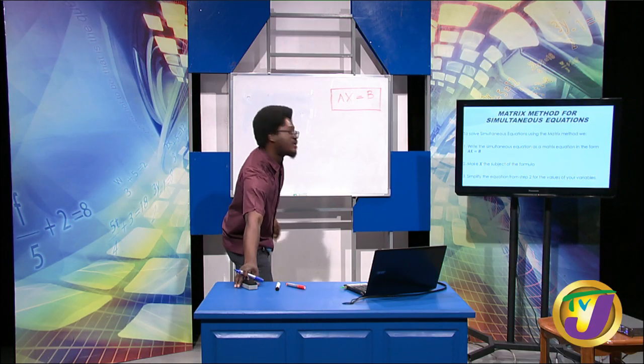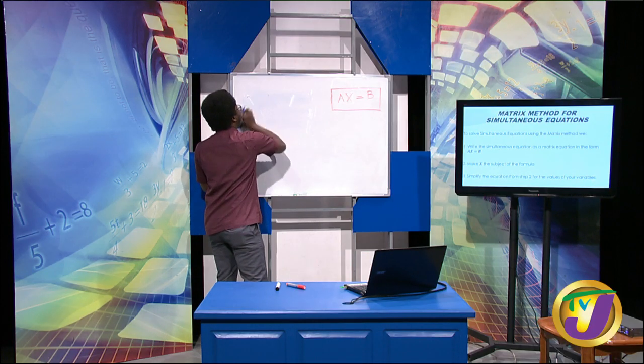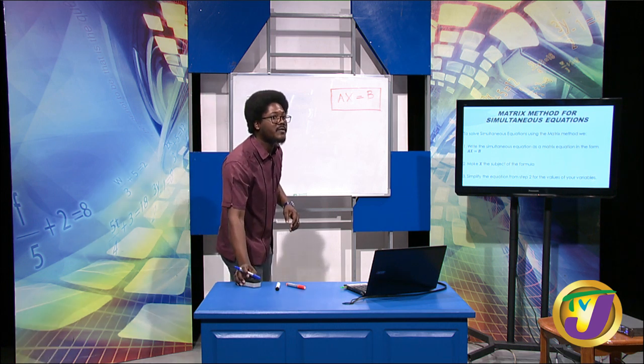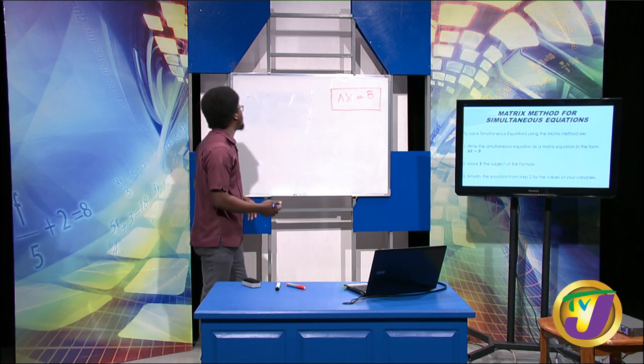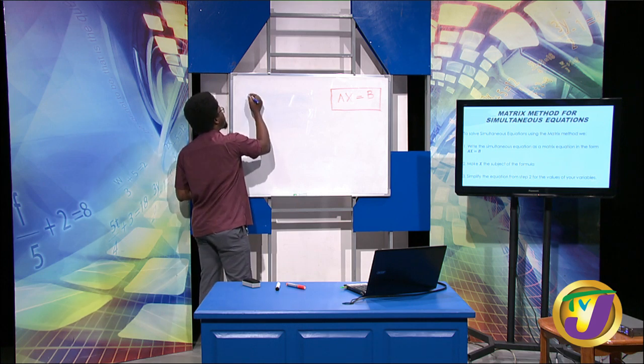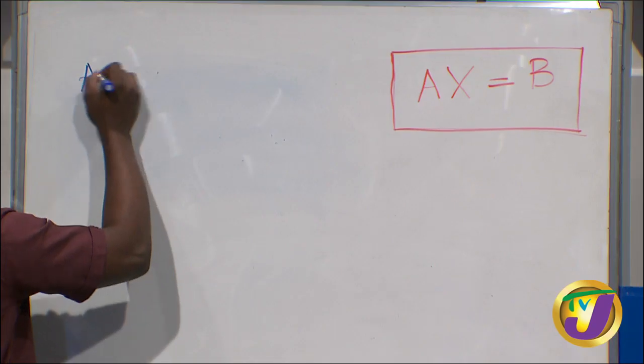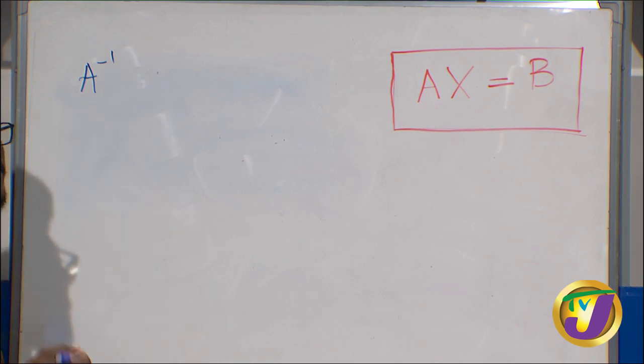Now, in the previous lesson, we had explored the inverse of a matrix. And we know that the inverse of a matrix is denoted as A to the power of -1.